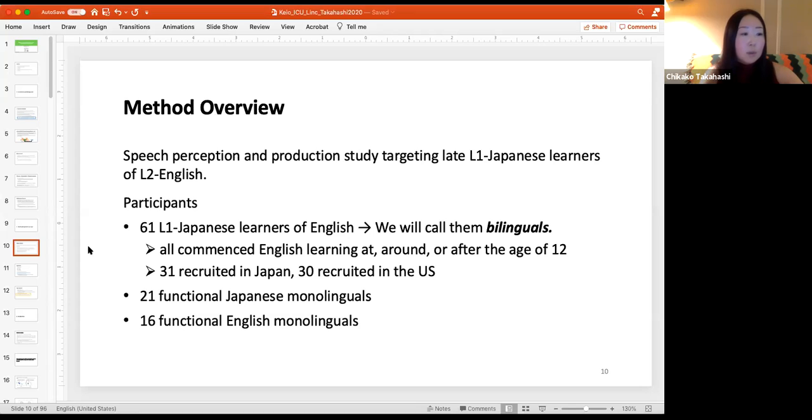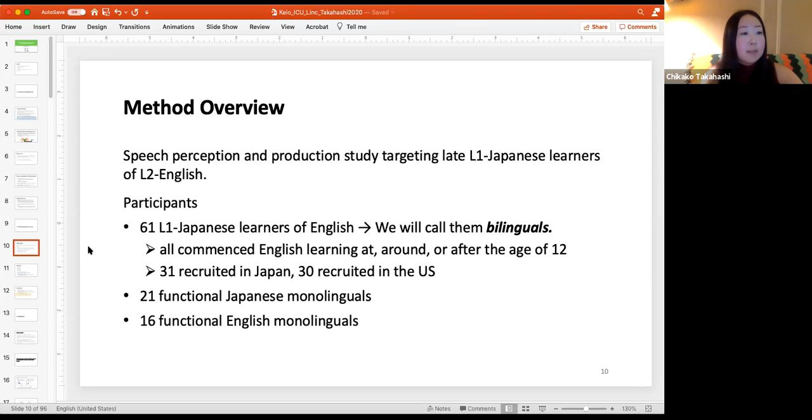The project I'm talking about today is a speech perception and production study targeting late L1 Japanese learners of L2 English. The main participants of the study were 61 L1 Japanese learners of English. For the rest of the presentation, I will call them bilinguals, although they varied in terms of proficiency and L2 learning experience.